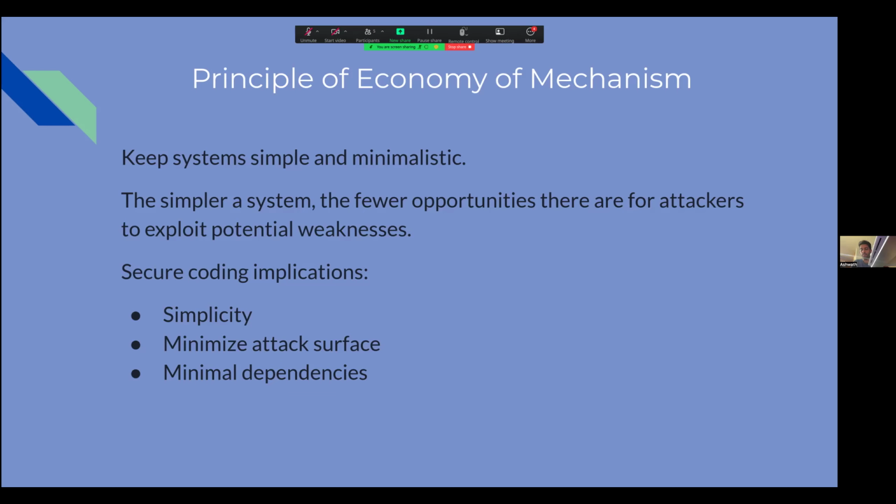It could be a small component of your application, but when exploited, when chained with multiple vulnerabilities, it could have a wider effect on the whole application. So keeping things neat and simple is crucial, because we are ultimately reducing the attack surface. That's the principle of economy of mechanism.